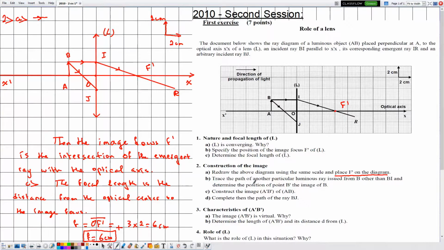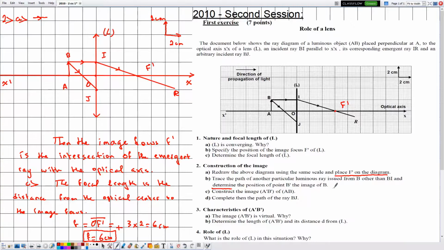Now in part B they are telling me trace the path of another particular luminous ray issued from B other than BI and determine the position of the point B prime, the image of B. So they told me determine, which means we need to trace and justify at the same time.